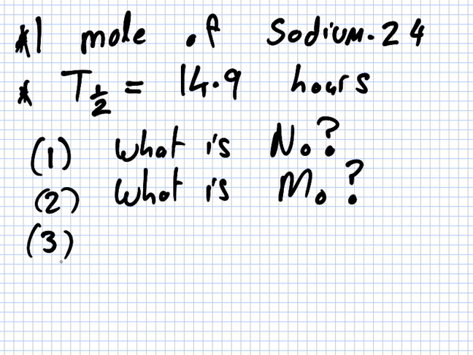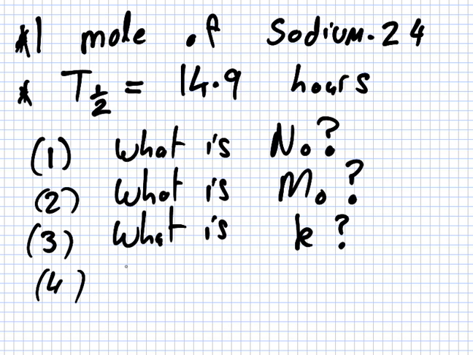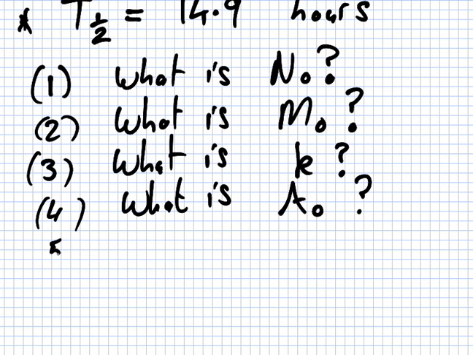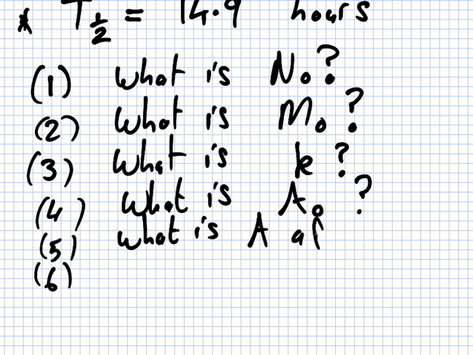Number 3 is what is the decay constant. Number 4 can be what is the activity at the beginning. Number 5, what is A after 1 day?